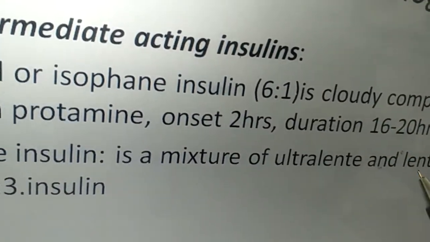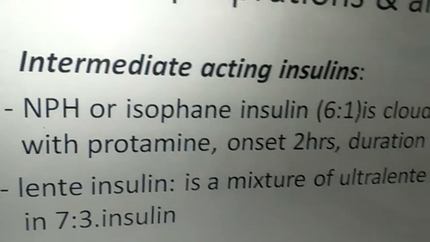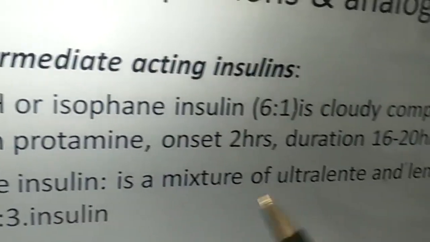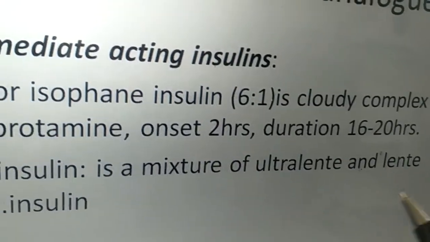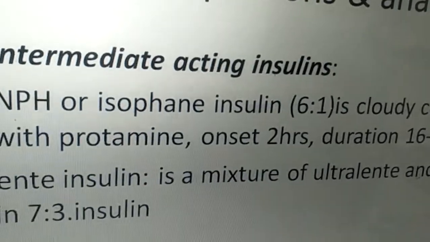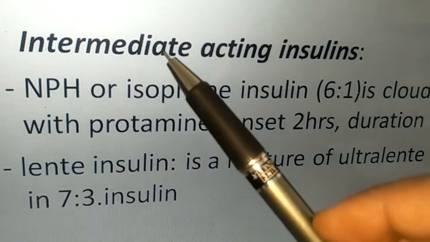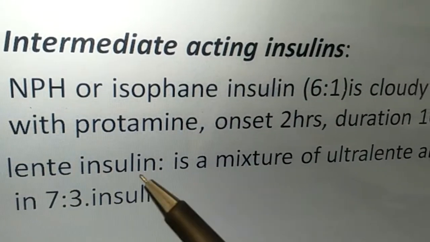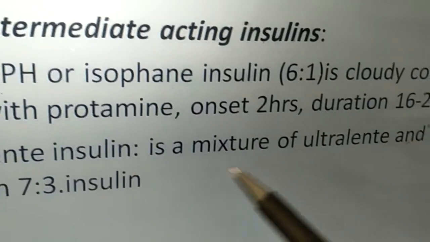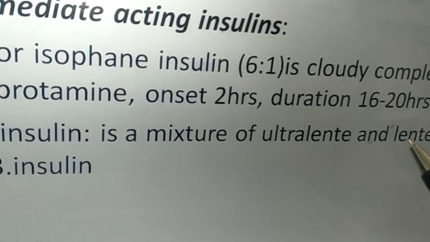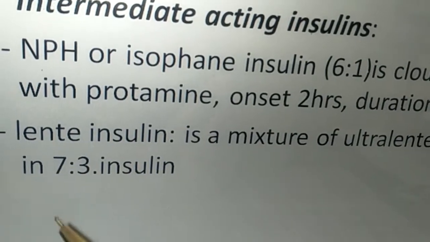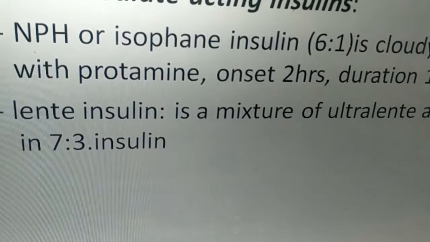Lente insulin is obtained when we mix long acting ultra lente insulin with short acting semi-lente insulin. We get an intermediate acting preparation which is called lente. Is that clear? It is a mixture of ultra lente and semi-lente insulin in a ratio of 7:3.